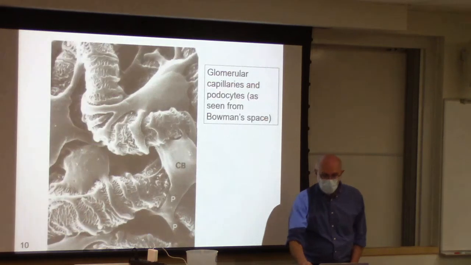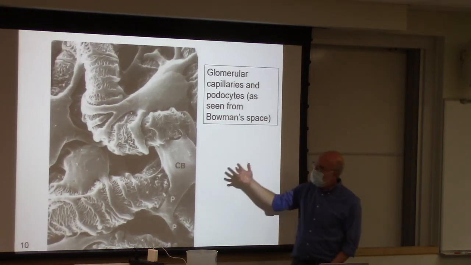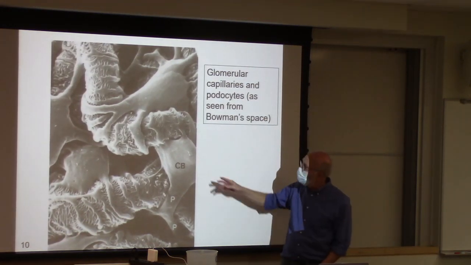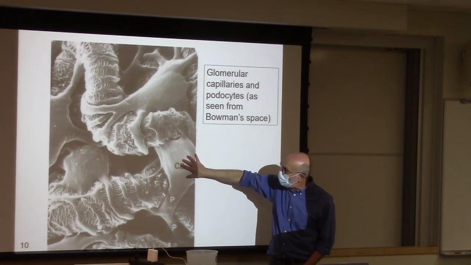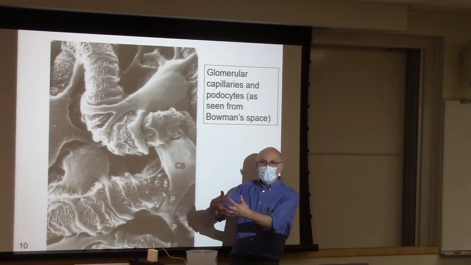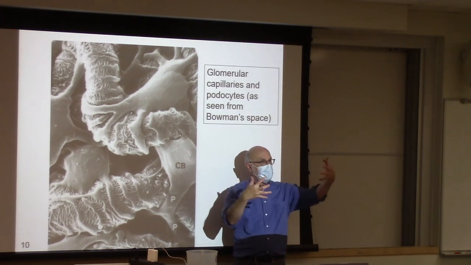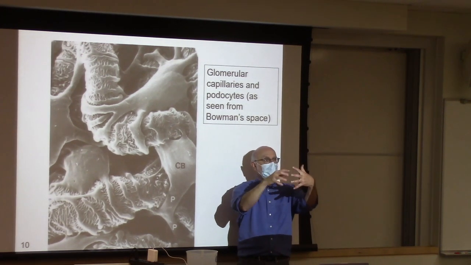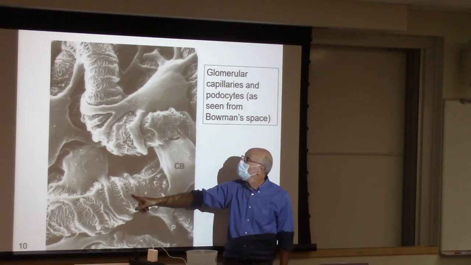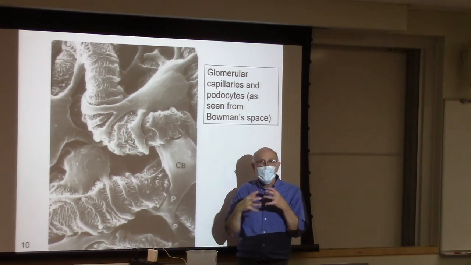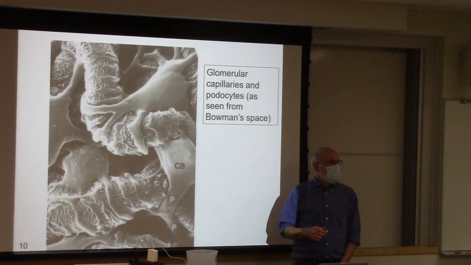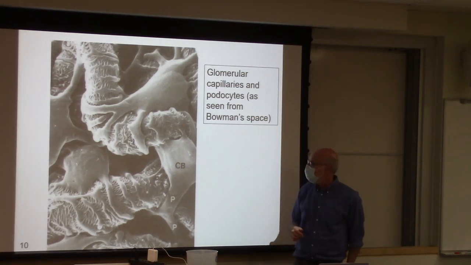We saw this one. Here shows you that cartoon is actually pretty good. Here is the cell body of a podocyte, and here are those connections, the filtration slits. So cell-cell interdigitation, but with spaces between them, wrapping the endothelium of the glomerular capillaries.